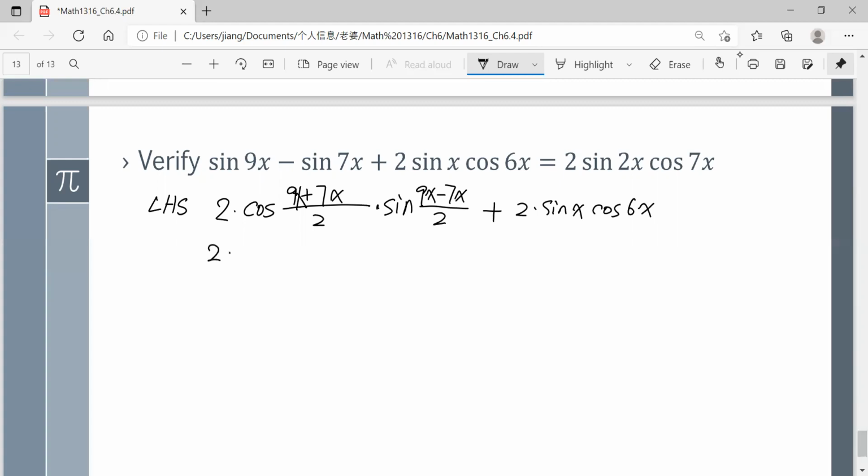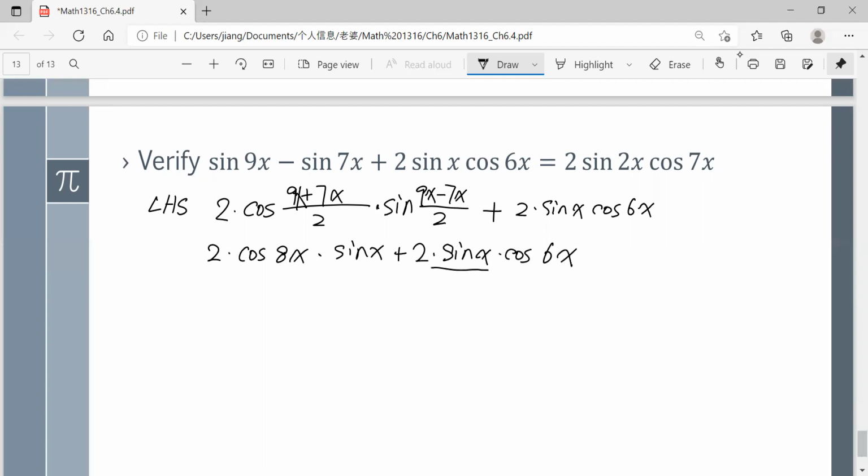This is 2 times cosine of 9 plus 7, that's 16, over 2 is 8x, times sine of 9 minus 7, that's 2, over 2 is 1. That's sine x, plus 2 times sine x cosine 6x.